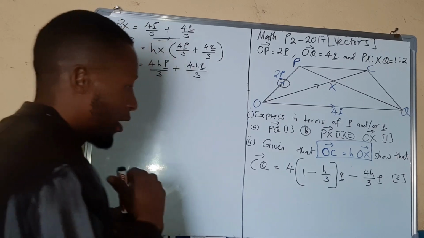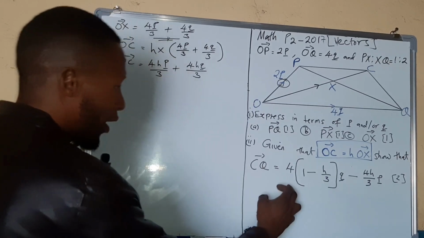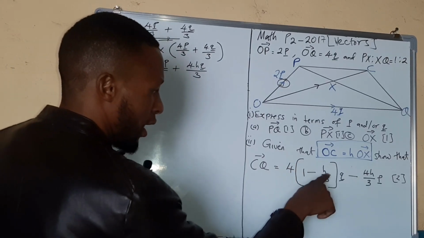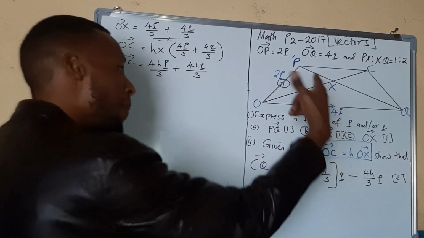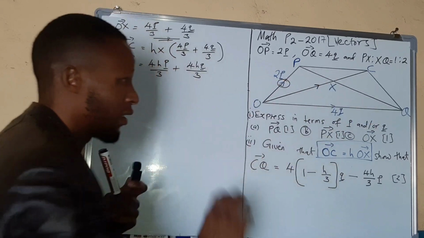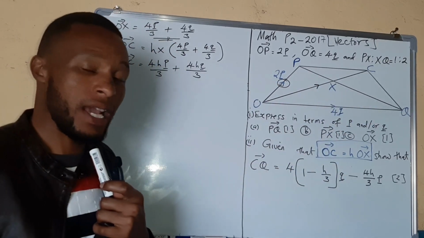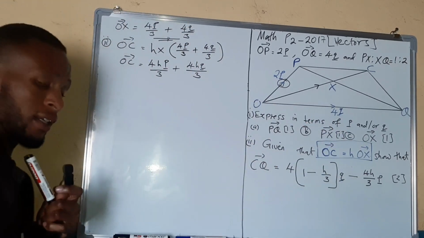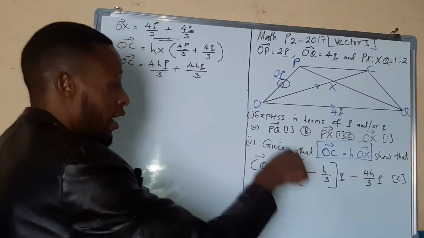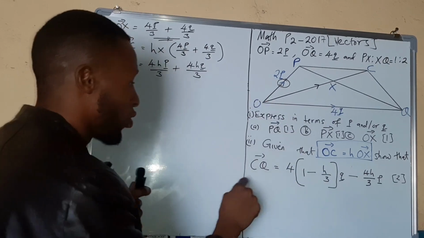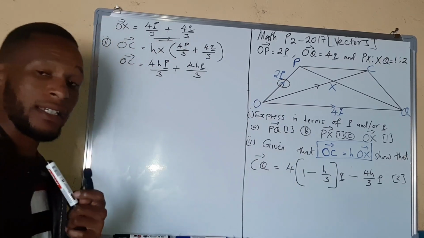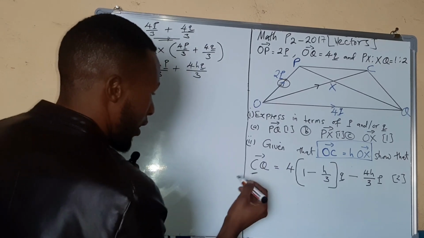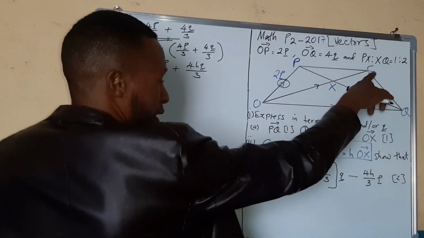Let us continue. For us to be able to show, have you seen what is happening here? When you look at the value that we are showing, there's an H here. If you go back to your question, there is nowhere on this diagram where there is H. That quantity is not there. So this quantity H is found on this vector OC, meaning OC should be one of the directions we are going to use when finding vector CQ. C is our starting point.